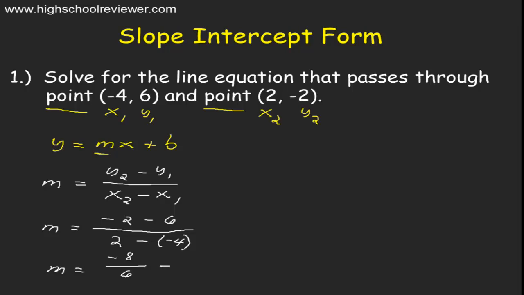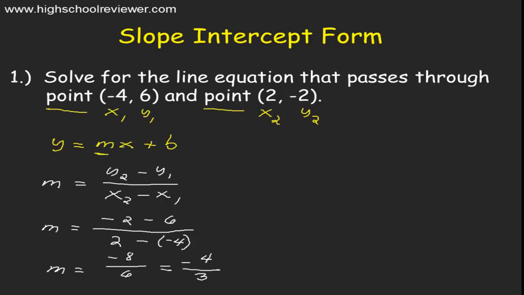So our slope now, we can still simplify 8 and 6. This will be negative. 2 is common between 8 and 6. So 8 divided by 2 is 4, and 6 divided by 2 is 3. So our slope is -4 over 3.